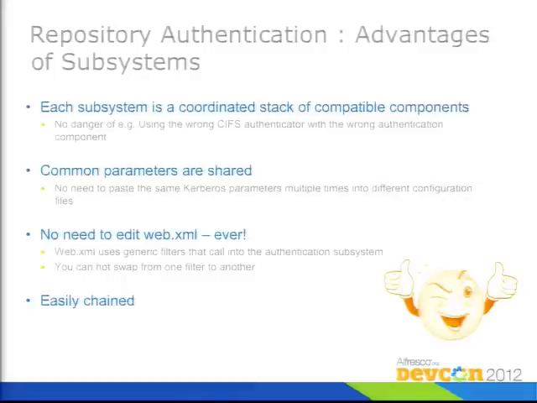So say I will use more than one authentication mechanism, and each authentication subsystem can be configured, for example, to have the LDAP authenticate CIFS users and use the Alfresco NTLM to authenticate the web application users. So it gives you more flexibility.